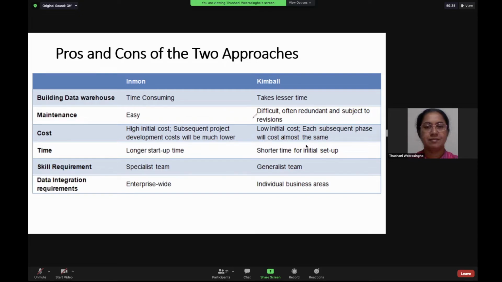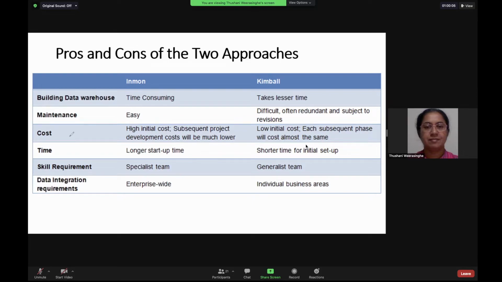But Kimball's is difficult when you have more departments. Let's say you need another data mart, or to connect that one to another data mart. Sometimes a department needs to be connected to two data marts according to the structure you applied earlier, and then it is very difficult. And there will often be redundant data subject to revisions as well. So you always have to go back and improve the data marts.